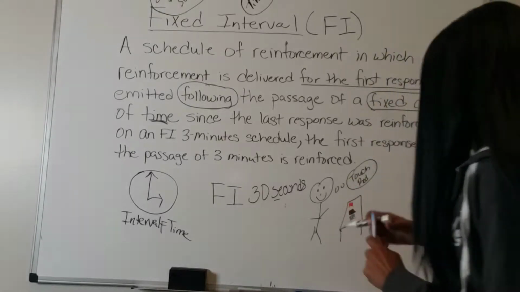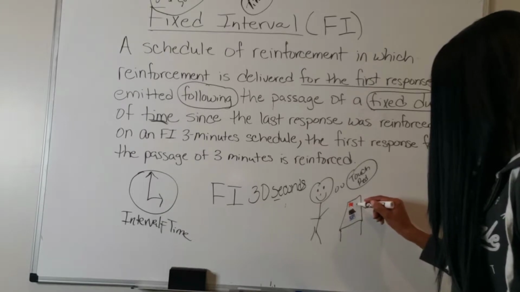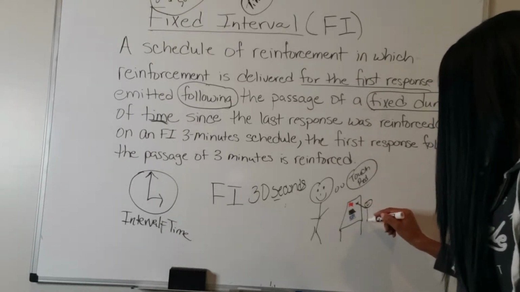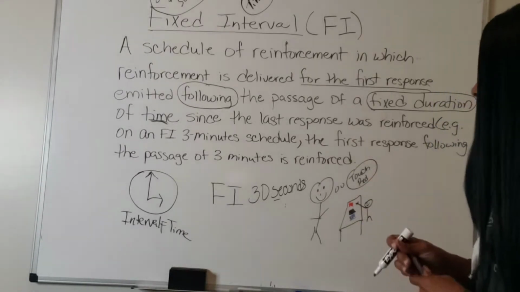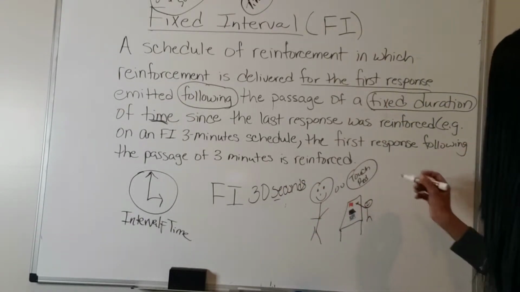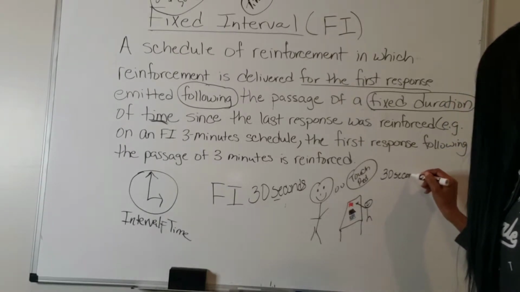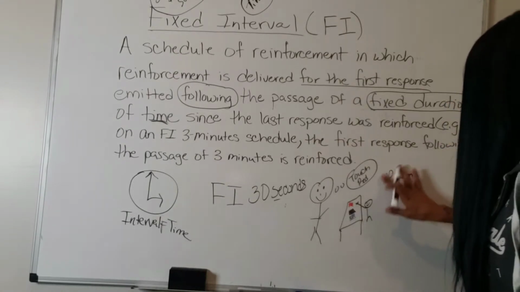Okay. And then you have your student. So every 30 seconds, you're gonna say touch red. If they do it, they're reinforced. So this is how it works. 30 seconds.